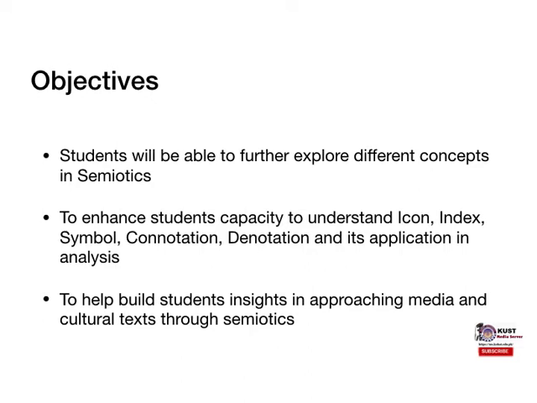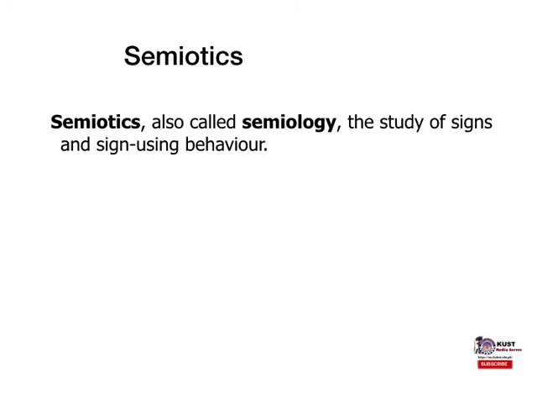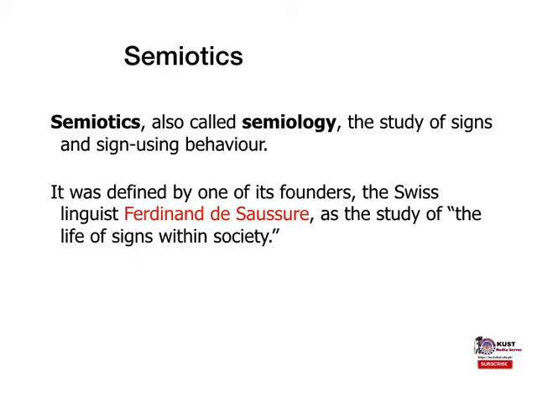And let's once again begin with a very basic understanding of what semiotics is, and then obviously we'll be talking about today's session. So, semiotics, as we have discussed already, is also called semiology. It's a study of signs and sign-using behavior, and it was defined by Swiss linguist Ferdinand de Saussure, and basically focuses on the life of signs within society.